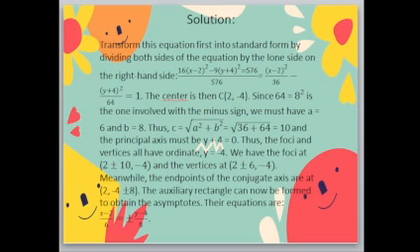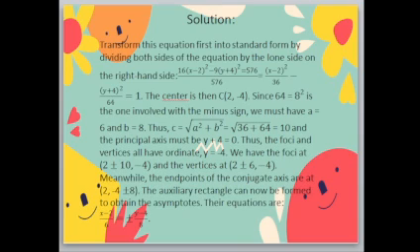So we have 16 times (x minus 2) squared minus 9 times (y plus 4) squared is equal to 576. So we need to divide all terms by 576.